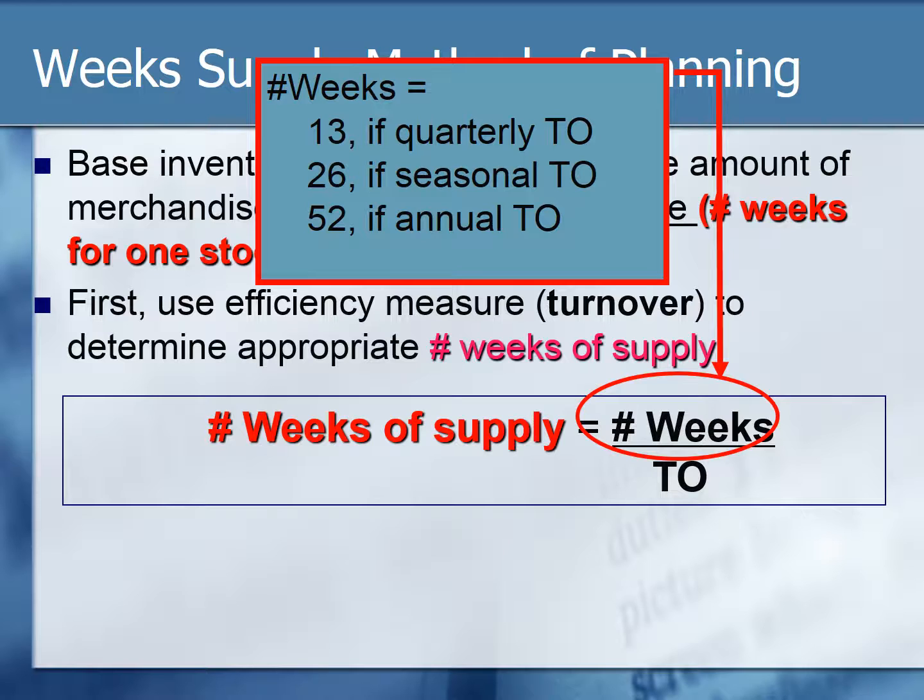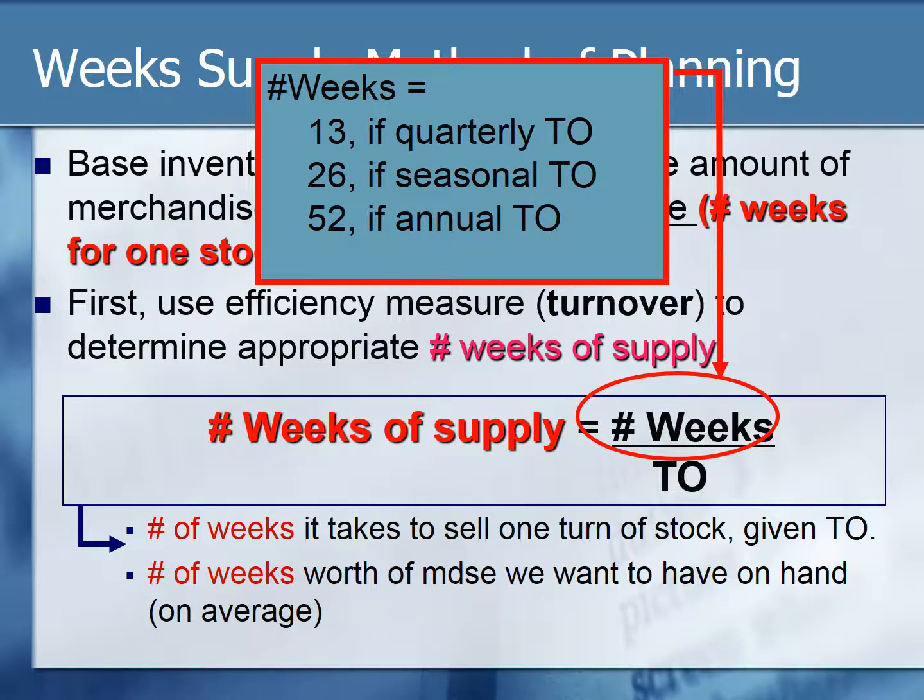If we are planning an annual turnover and want to calculate the number of weeks supply based on that annual turnover, then the numerator, the number of weeks, will have to be 52 weeks, because a year has 52 weeks. If we're using a quarterly turnover, then the number of weeks will be 13. So the number of weeks in this formula is determined by the period for which this turnover is planned.